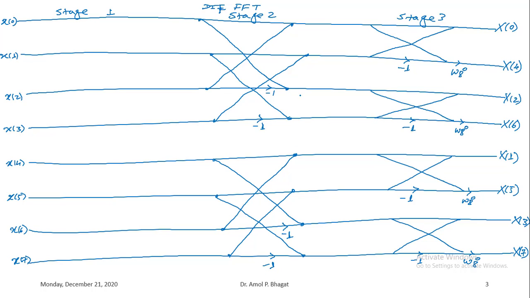Where there is -1, you are multiplying the twiddle factor at the output there. So here the twiddle factor will be W8 0. Here it is W8 2, again W8 0 and W8 2.